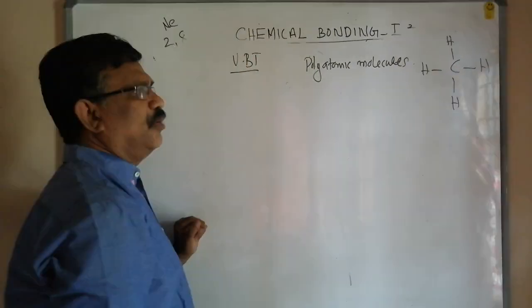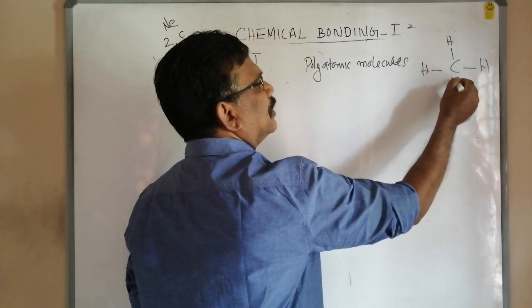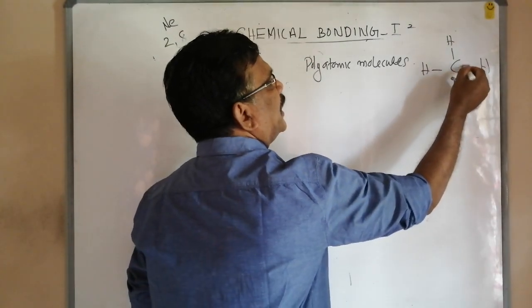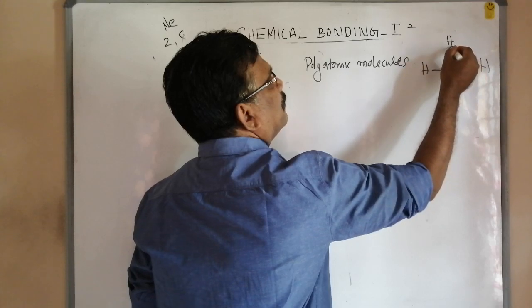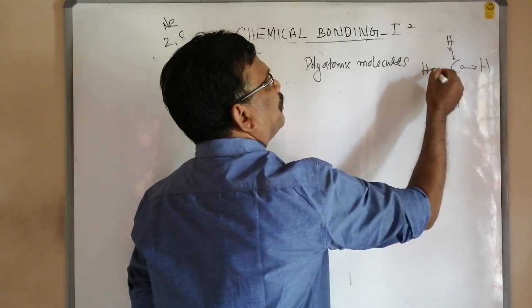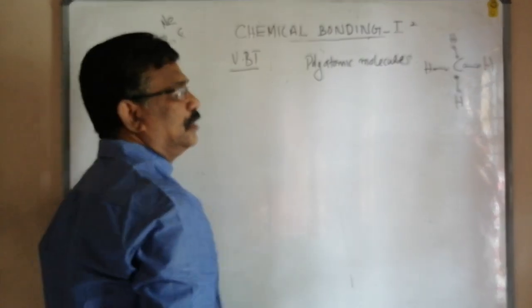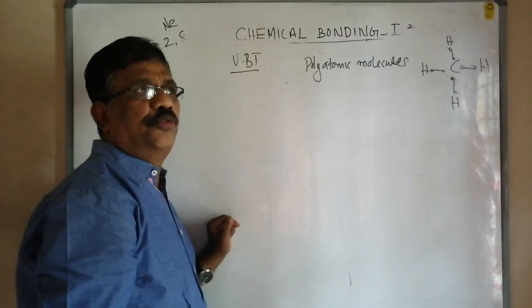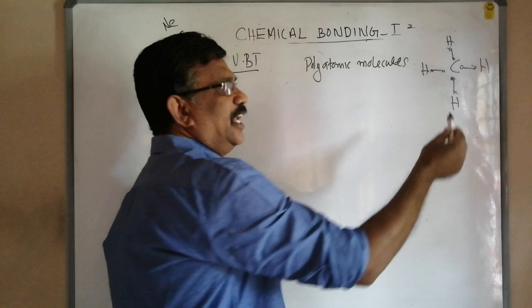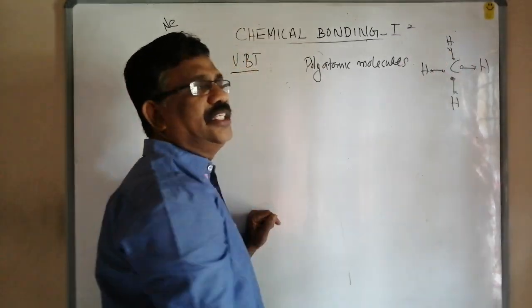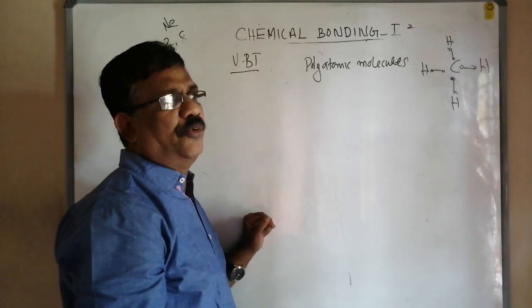Four bond pairs around carbon, a pair and a pair. So four covalent bonds. So according to Pauling's valence bond theory, any covalent bond is formed by orbital overlap, here four covalent bonds.